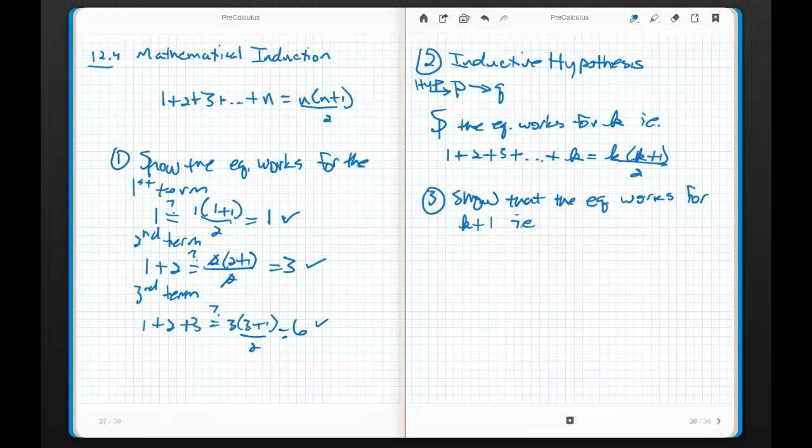In other words, show 1 plus 2 plus 3 plus dot dot dot plus k plus 1 equals, now what should it equal? We're going one term further out. So it should be k plus 1, wherever I see a k I'm just sticking a k plus 1, times k plus 2, all over 2.